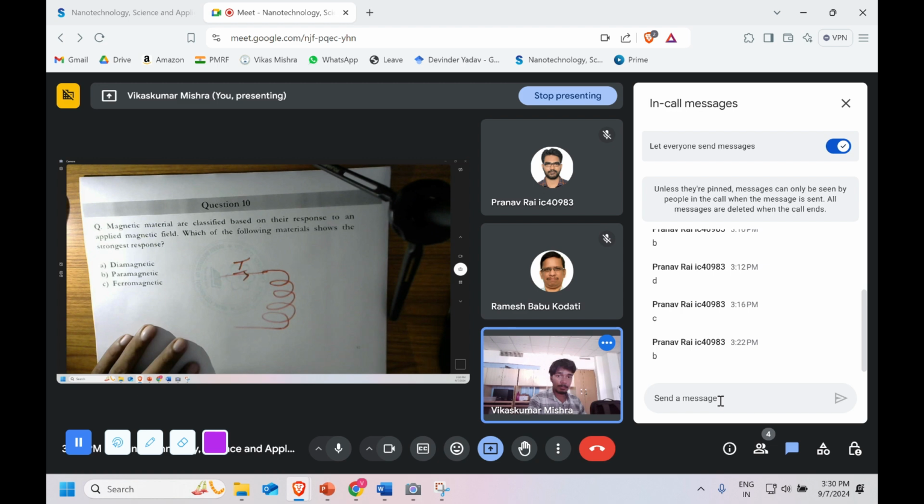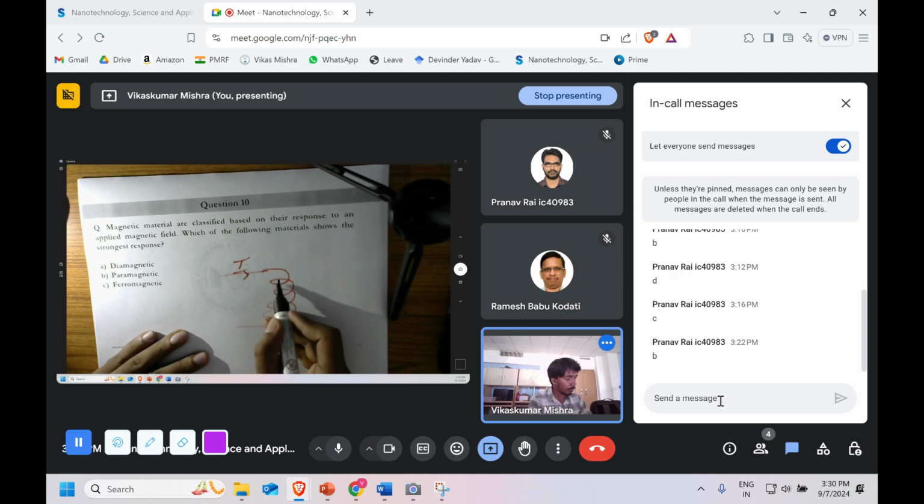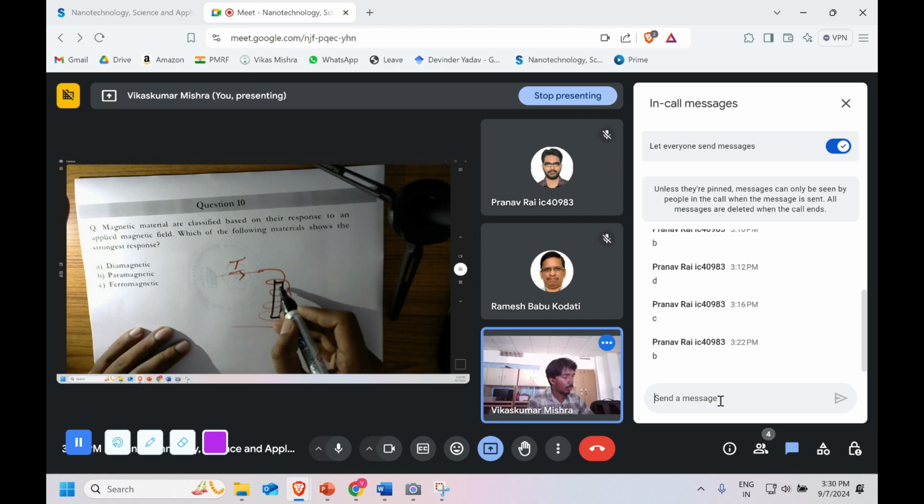I made the field over here. Now I'm putting my material which I want to test. Now it can be para, it can be diamagnetic, it can be ferromagnetic.